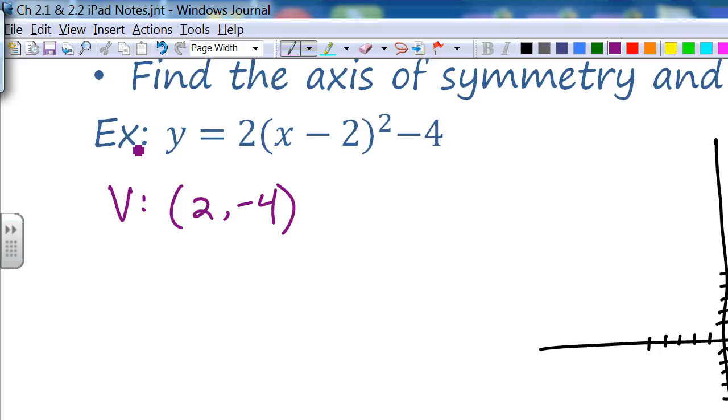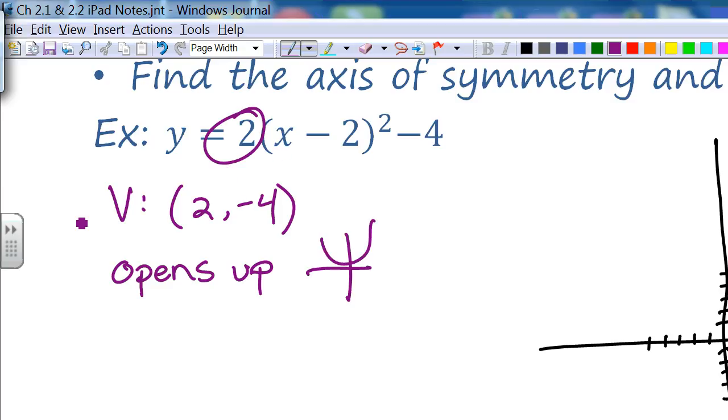Now we know that this 2 is positive, so it opens up. If I was going to sketch this, basically it's going to go like that. And what was the other thing? Oh, it's going to be narrower, because 2 is greater than 1.